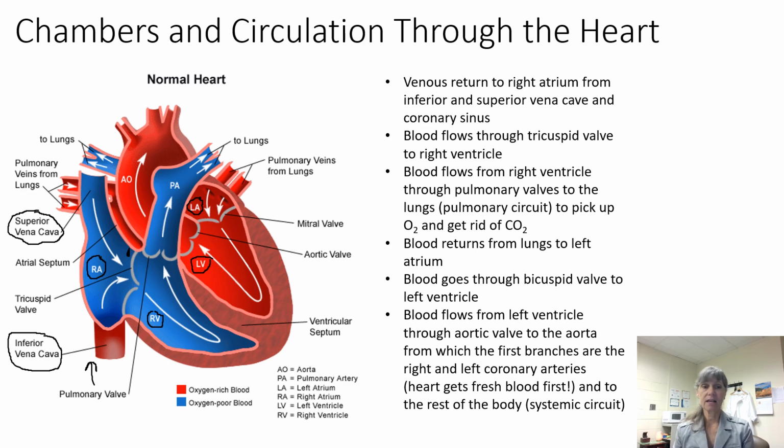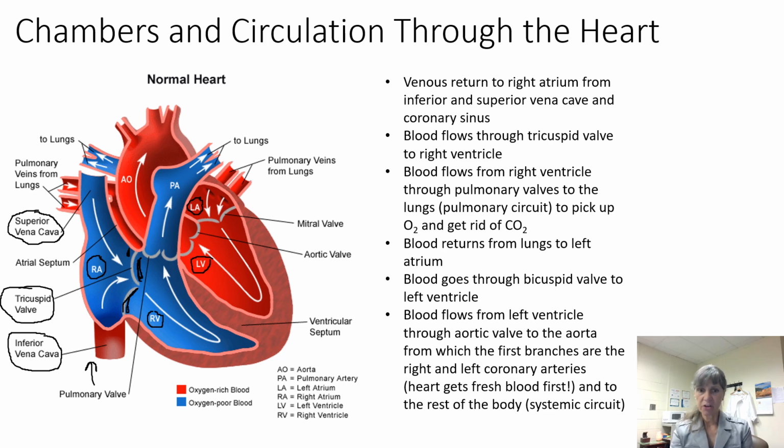Now, as blood returns to the heart after it's been used up by the body system, all that oxygen has been used, well, not all of it, most of it, the pressure is going to build in that atrium, and it's not going to flow into the right ventricle just yet, because there is a valve that closes off the right atrium, and only when enough pressure builds up in the right atrium will it force this valve, called the tricuspid valve, to open up, allowing 70% of the blood in the right atrium to flow into the right ventricle.